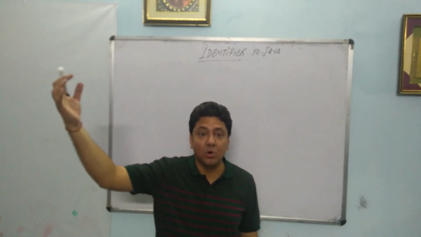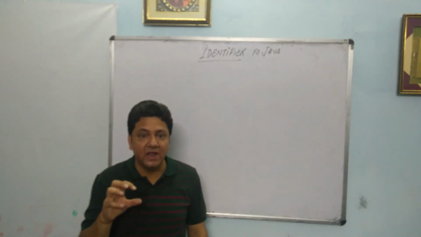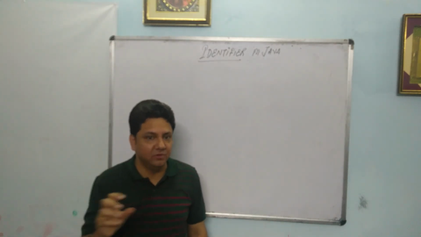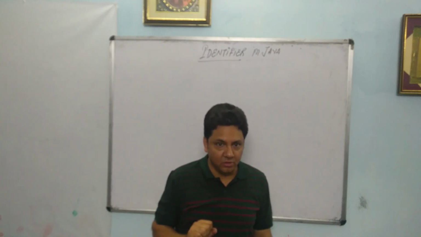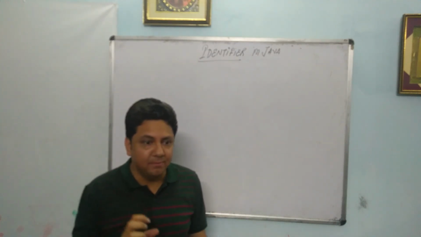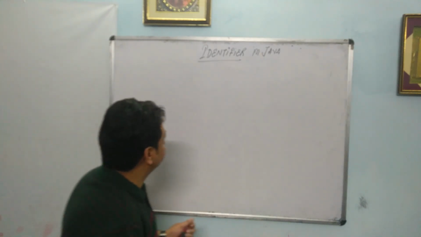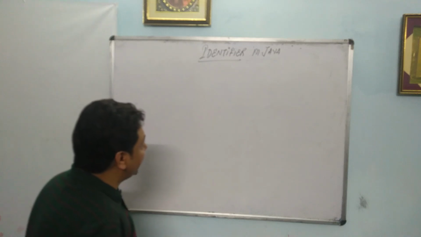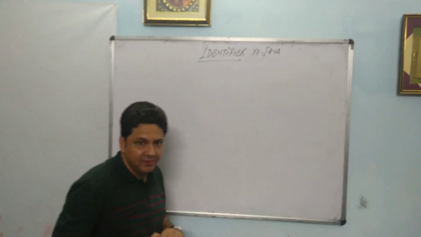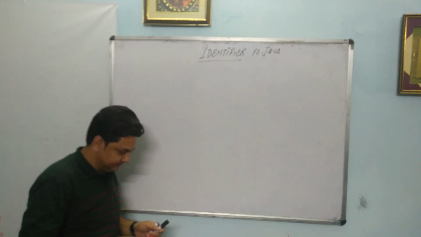There might be thousands of people sitting there, and you will get confused about which person I am talking to. So for identification purposes, a name is a very compulsory thing. So identifiers in Java are basically used for identification purposes.